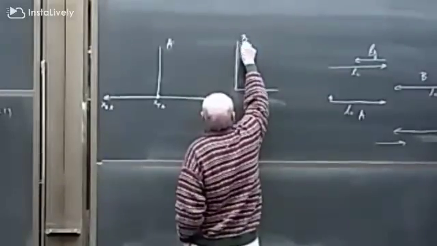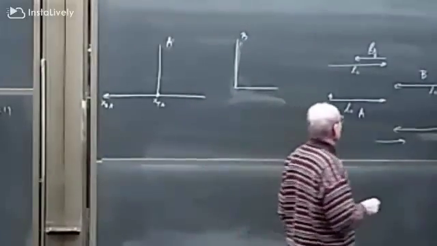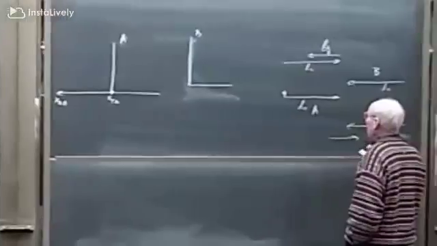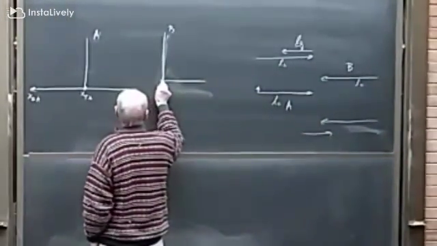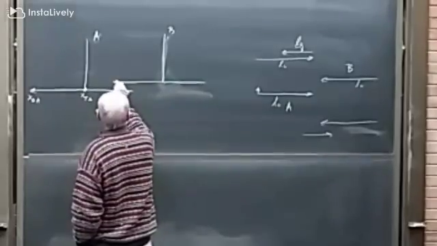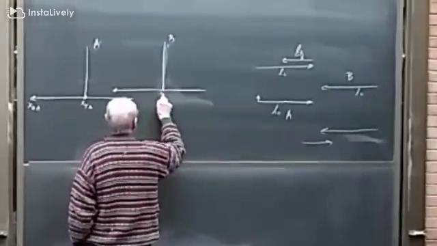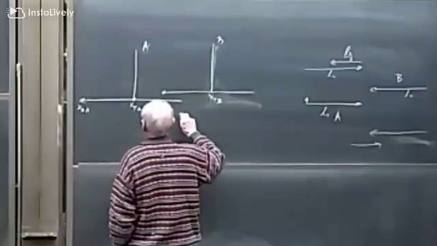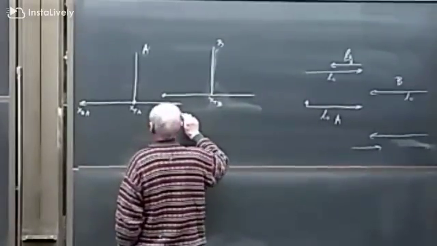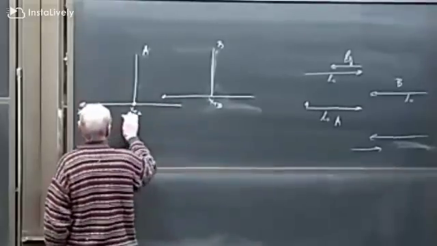Here's B. We're interested in the nose of B coinciding with the tail of A. So let's do it like this. So here is X tail B. Put your A should. I got these backwards.